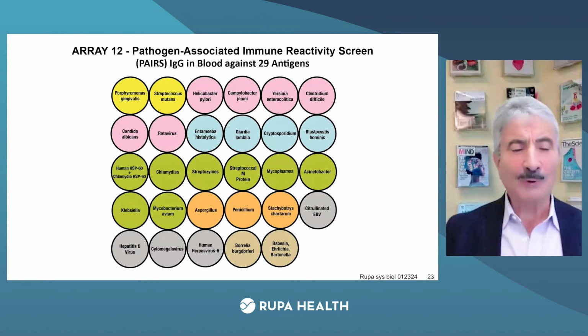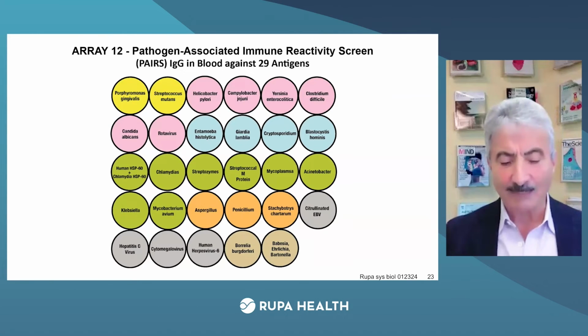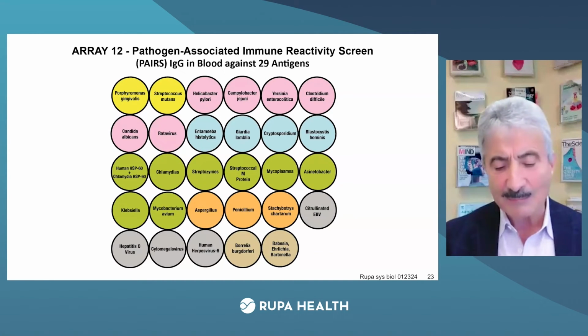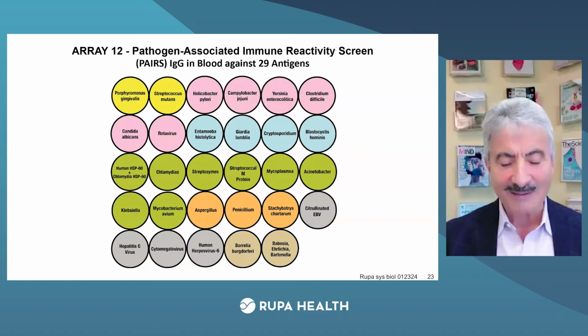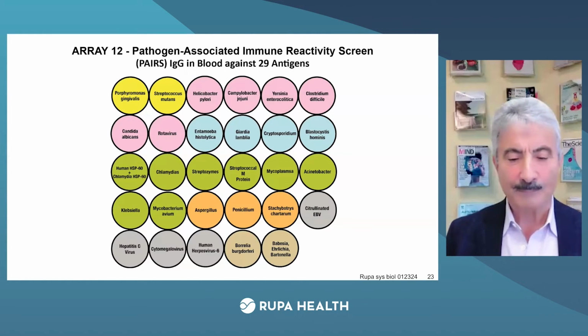Also, I'm going to repeat one more time the statement: why is it important to measure antibodies against a broad range of antigens? Because that can increase the predictability of the immune system.